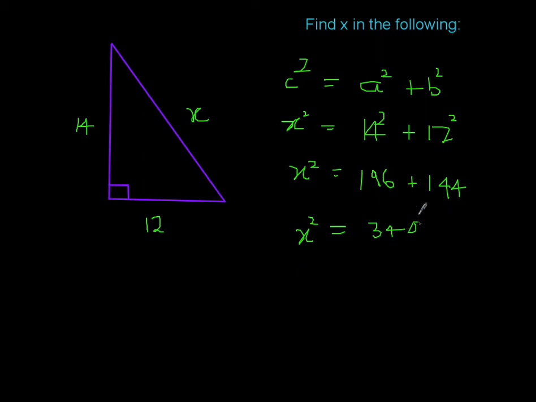Notice this is not a perfect square, so if you square root this, you probably won't get a whole number. Square rooting both sides. Square root of x squared equals square root of 340.